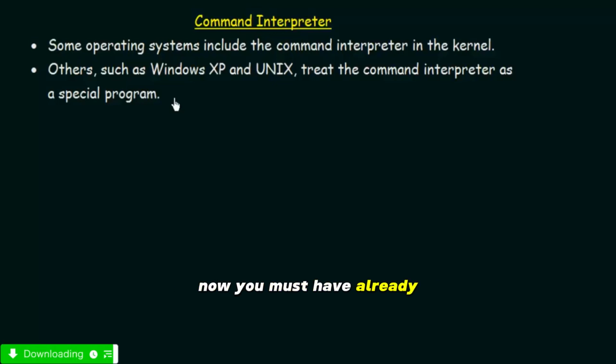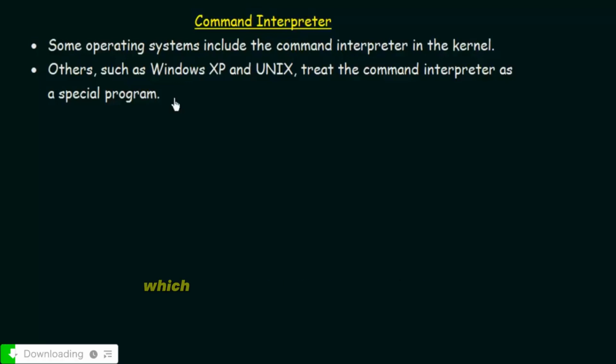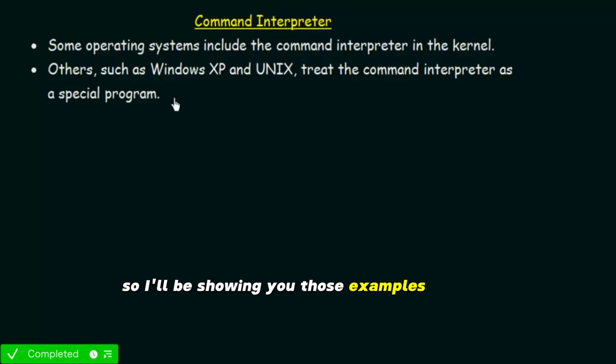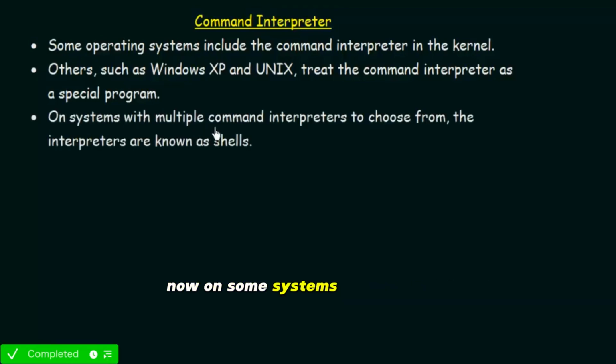You must have already known about the command interpreters in different operating systems. In Windows, you have the command prompt, also known as CMD sometimes. And in Linux, you have a program known as the terminal, which allows you to interact with the CLI. I'll be showing you those examples later on. On some systems with multiple command interpreters to choose from, the interpreters are known as shells.